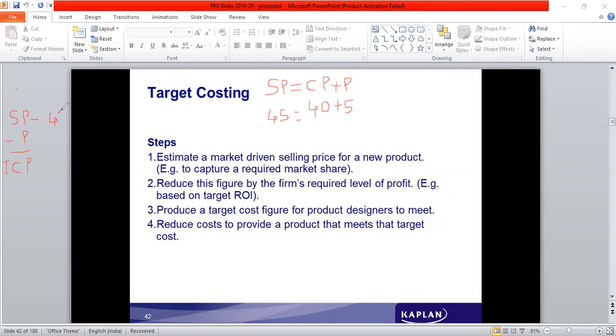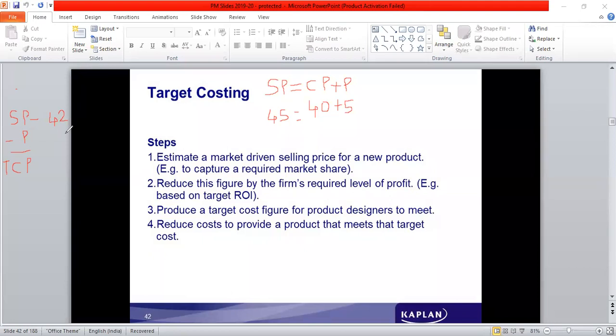If it is 42, they also have to offer the same price of 42 dollars per unit to their customers, because if they start selling the product at 45, the main disadvantage is there will be a decrease in demand, which they cannot afford. So they will have to bring down their selling price to 42. Profit margin anyway is 5, which they have already decided.